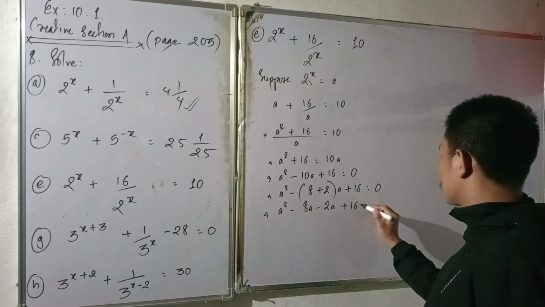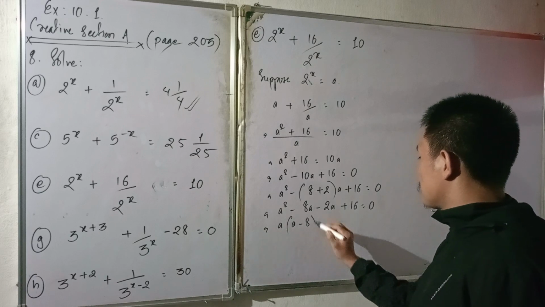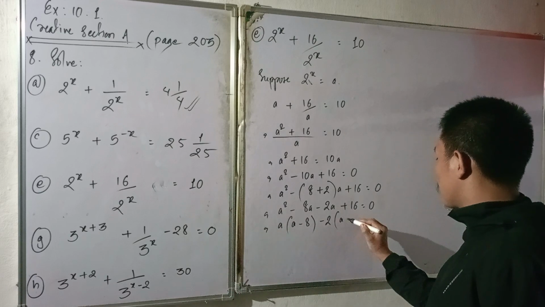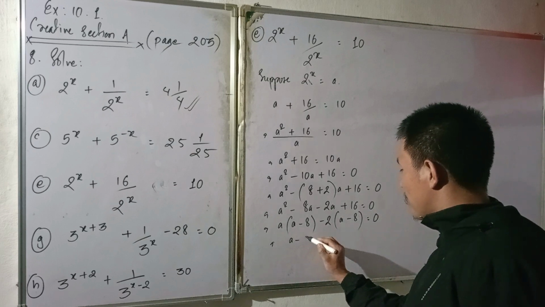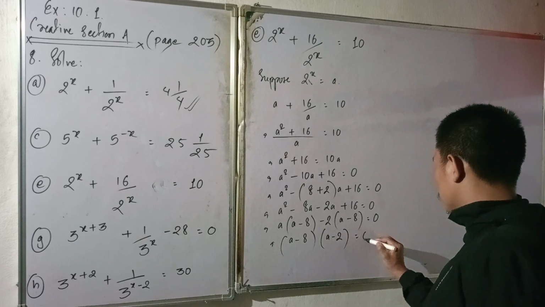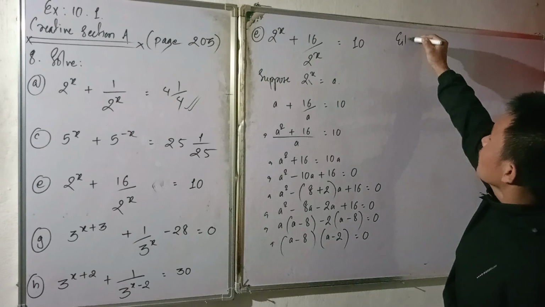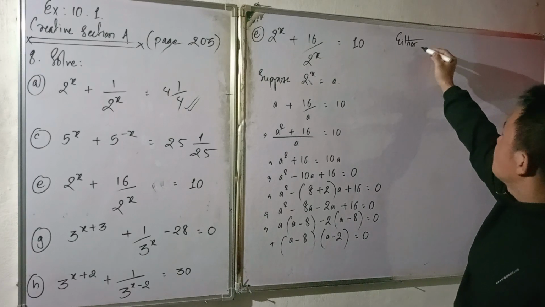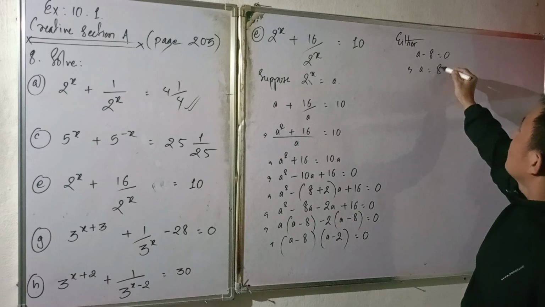a squared minus 8a minus 2a plus 16 equals 0, or a minus 8 times a minus 2 equals to 0. Now either a minus 8 equals 0, or a equals 8.